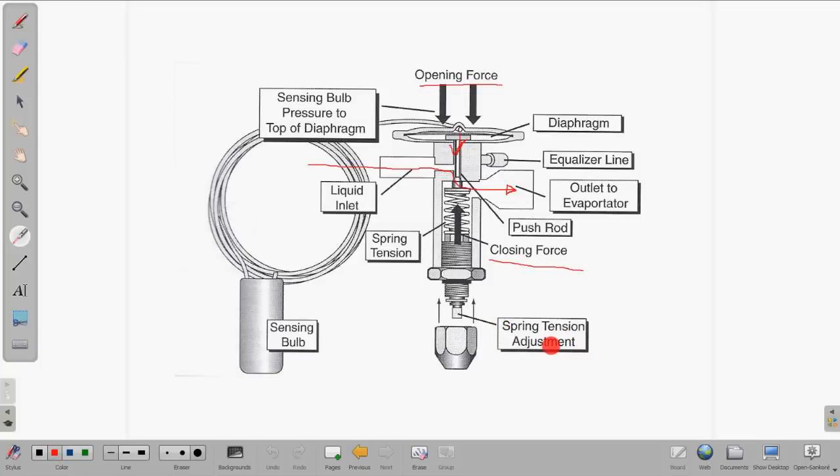And if you're too far, then it's an eighth of a turn back, and then you wait. And so I do not recommend doing any changes of the spring tension adjustment on a TXV valve in a residential system. They're set at the factory. If you're having an issue, it's not going to be an adjustment of the spring tension.